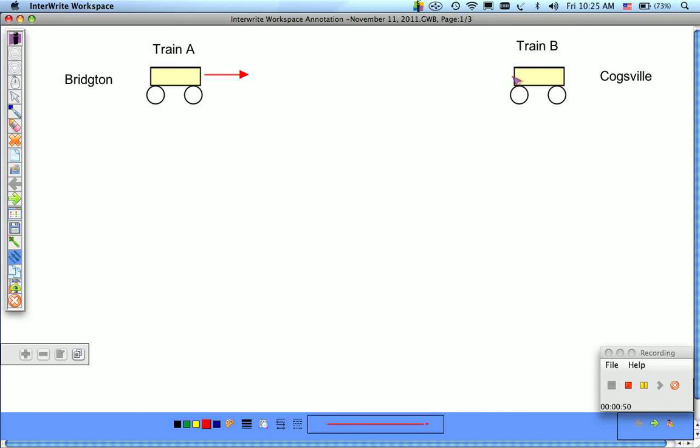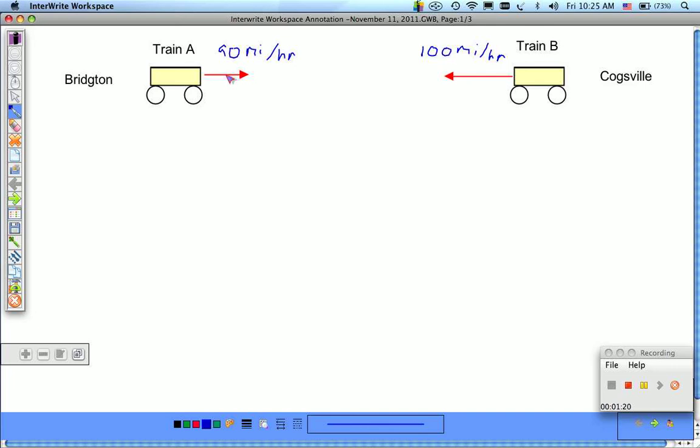It's heading east, and here's a vector that represents train B. I'm showing the relative size of the vectors that indicate magnitude and direction of the speeds of the trains. Train A has a speed of 90 miles per hour east, and train B has a speed of 100 miles per hour heading west.